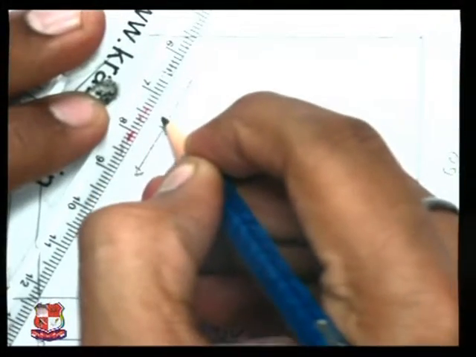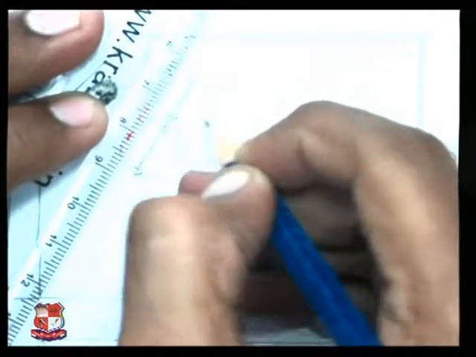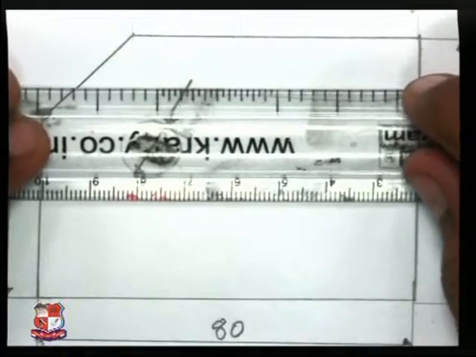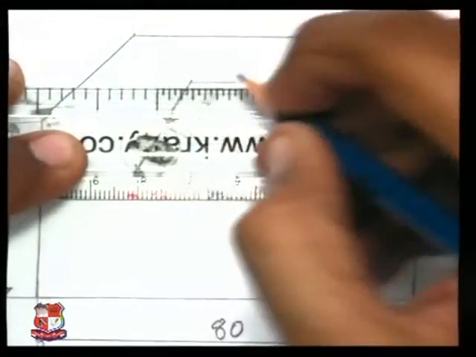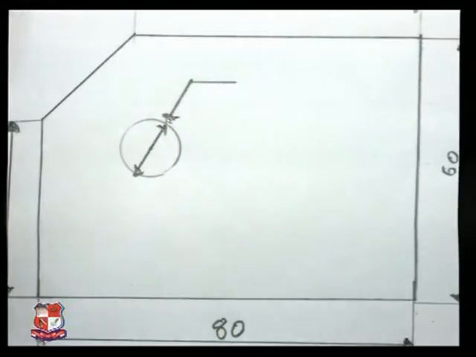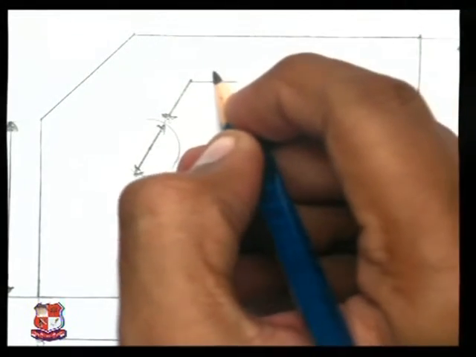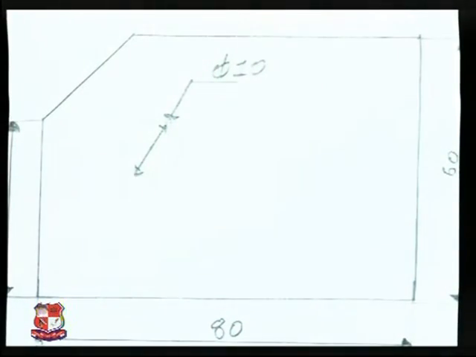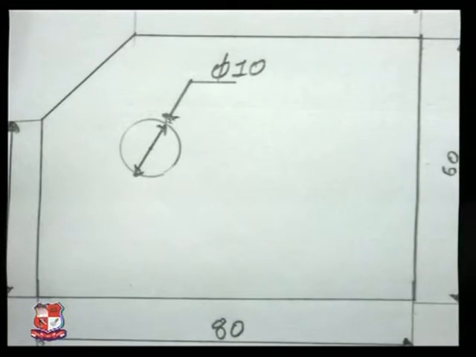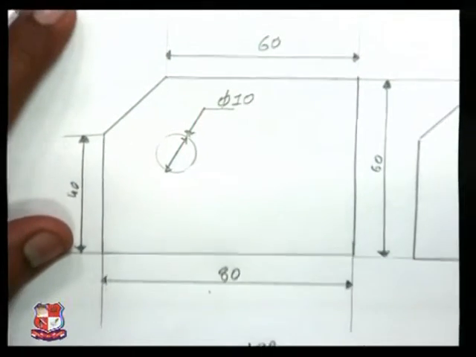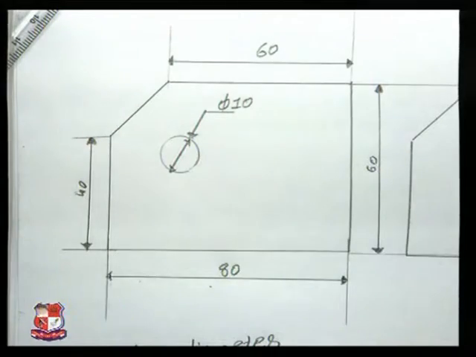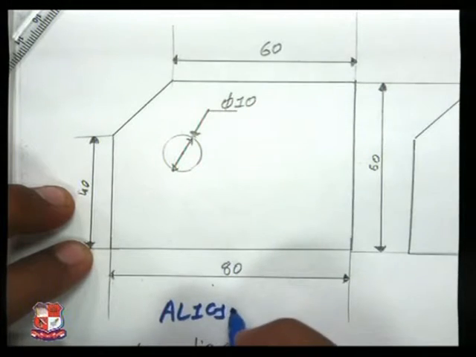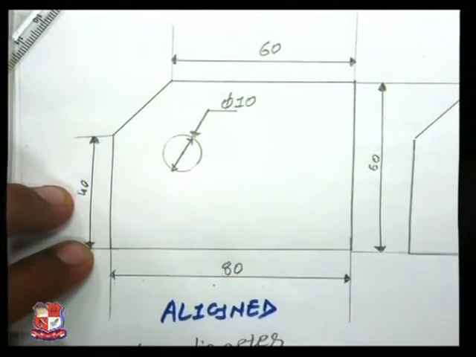Take out another arrow like this, extend it, and give the dimension above the dimension line, that is diameter 10. This method is known as the aligned method.